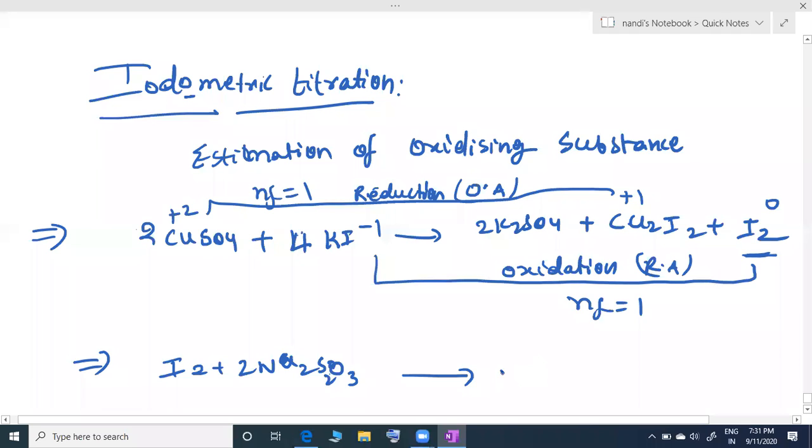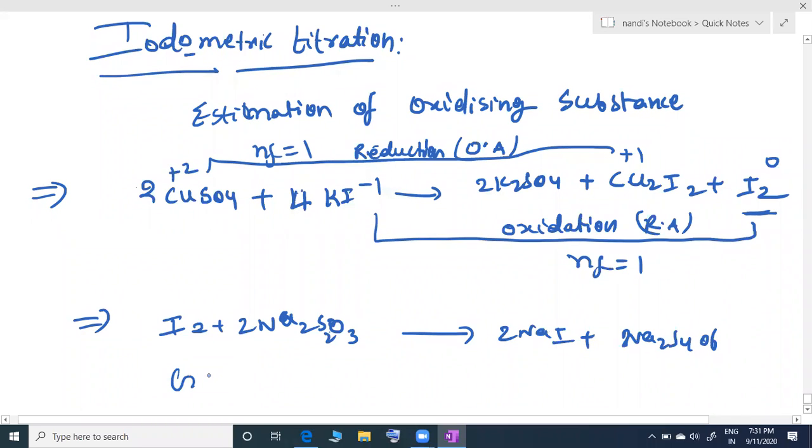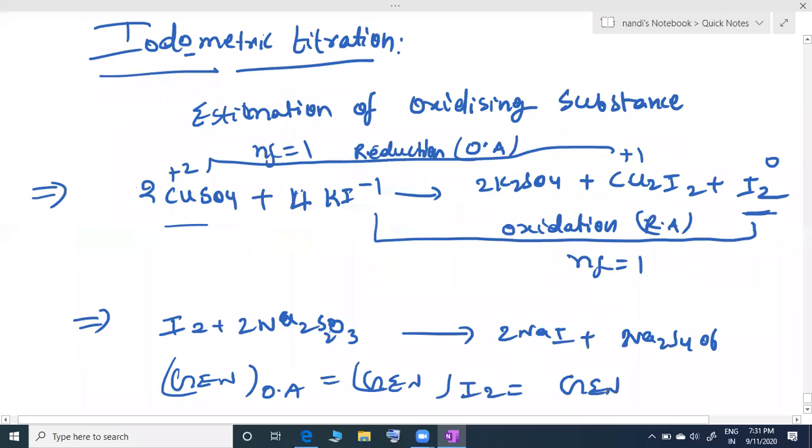Very simple way: 2 NaI plus Na2S4O6. So here I can write finally, gram equivalent number of the oxidizing agent equals gram equivalent number of I2 equals gram equivalent number of hypo.